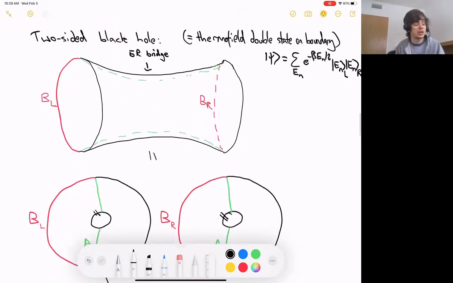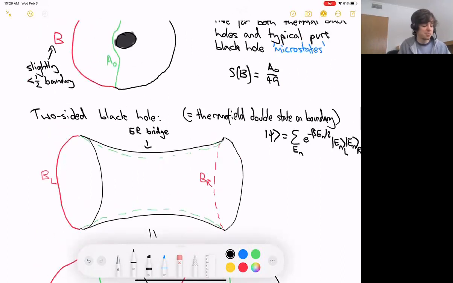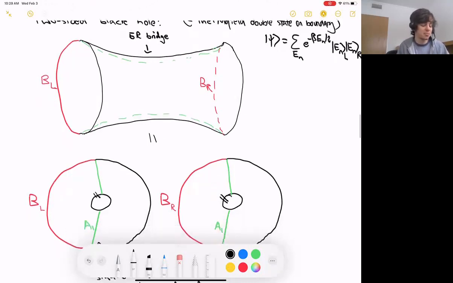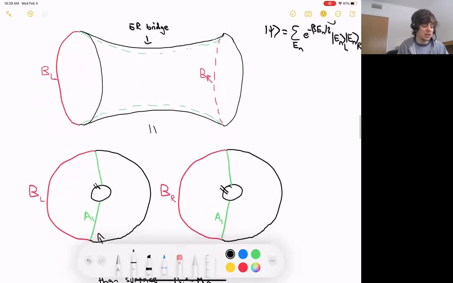Okay, so now we're going to consider not just the entanglement entropy of a region B on one side of the black hole. That would just be the same as before. But instead, we're going to consider the entanglement entropy of a copy of the region B on the left boundary plus a copy of the region B on the right boundary. Okay, so I've drawn a very bad cartoon of this Einstein-Rosen bridge at the top here. But we can also just think of it as two copies of this black hole with the horizons glued together.